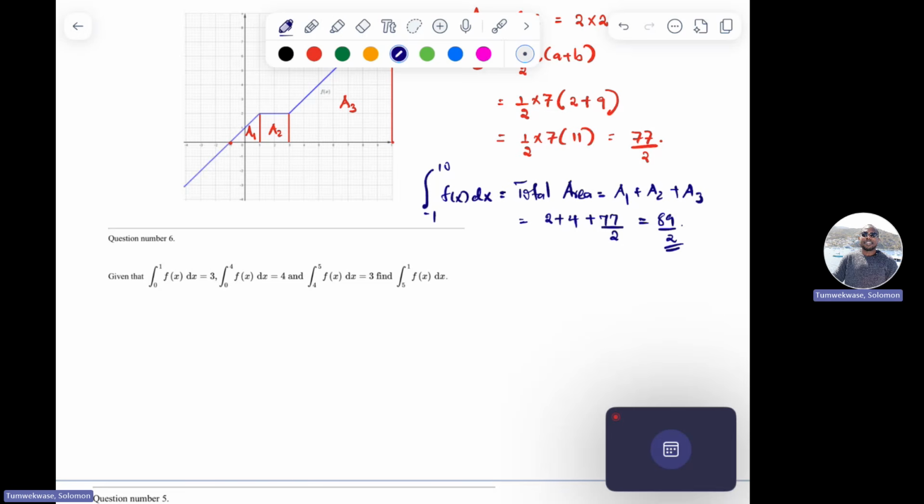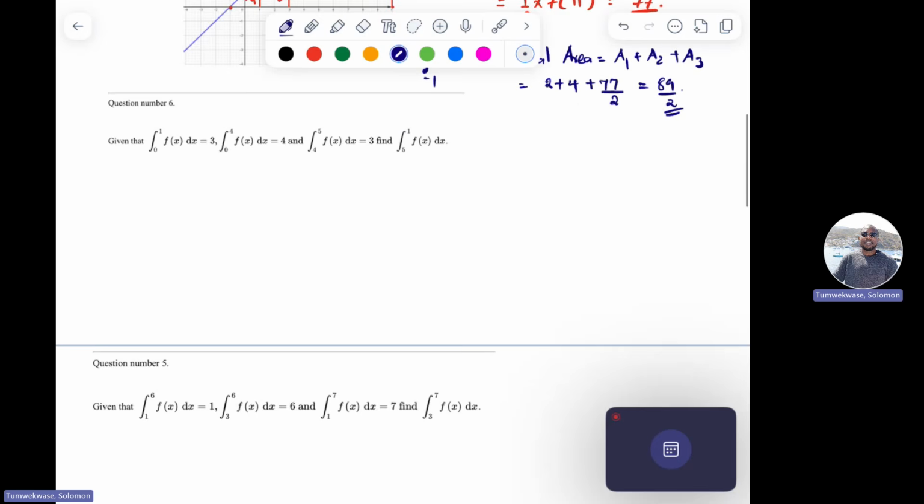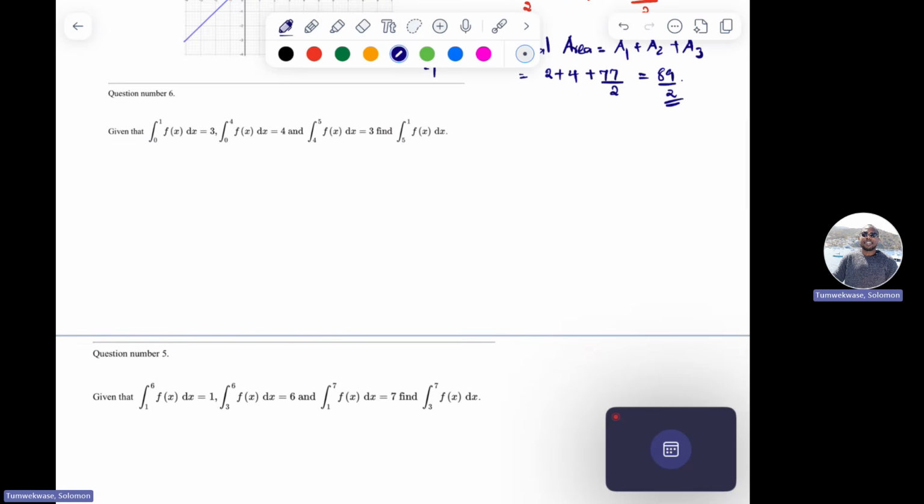Question 6. We are given these integrals, and we want to find the integral from 5 to 1.